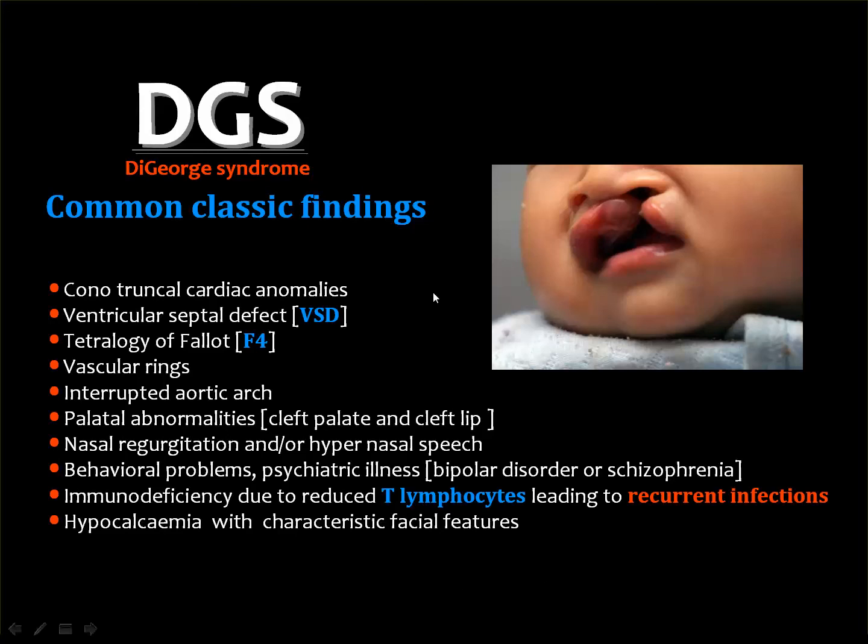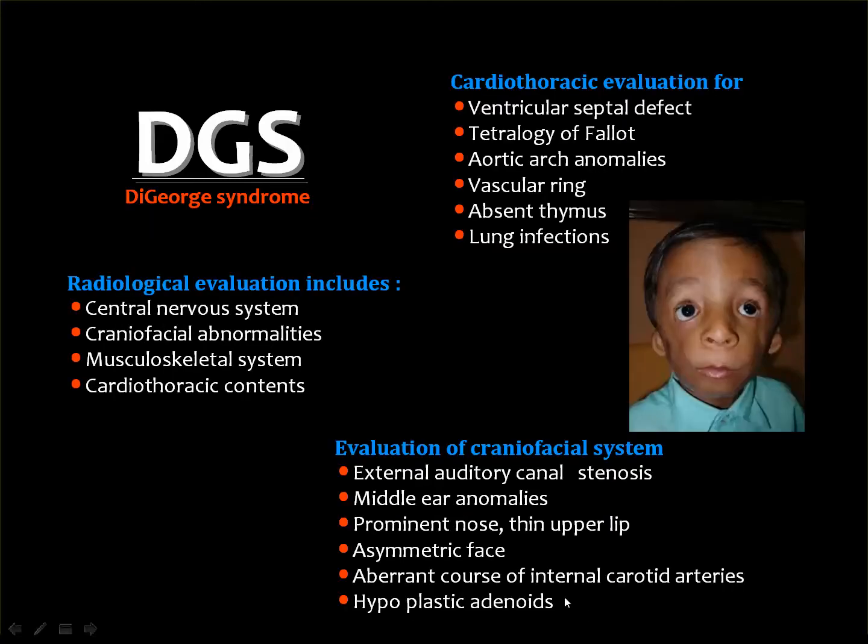Then the stigmata, or the criteria, or the classic findings of DiGeorge syndrome include many abnormalities like conotruncal cardiac anomalies, VSD, tetralogy of Fallot, vascular rings, interrupted aortic arch, palatal abnormalities like cleft palate and cleft lip, nasal regurgitation, and behavioral problems, immunodeficiency due to reduced T lymphocytes with recurrent infections, hypocalcemia with characteristic facial features.